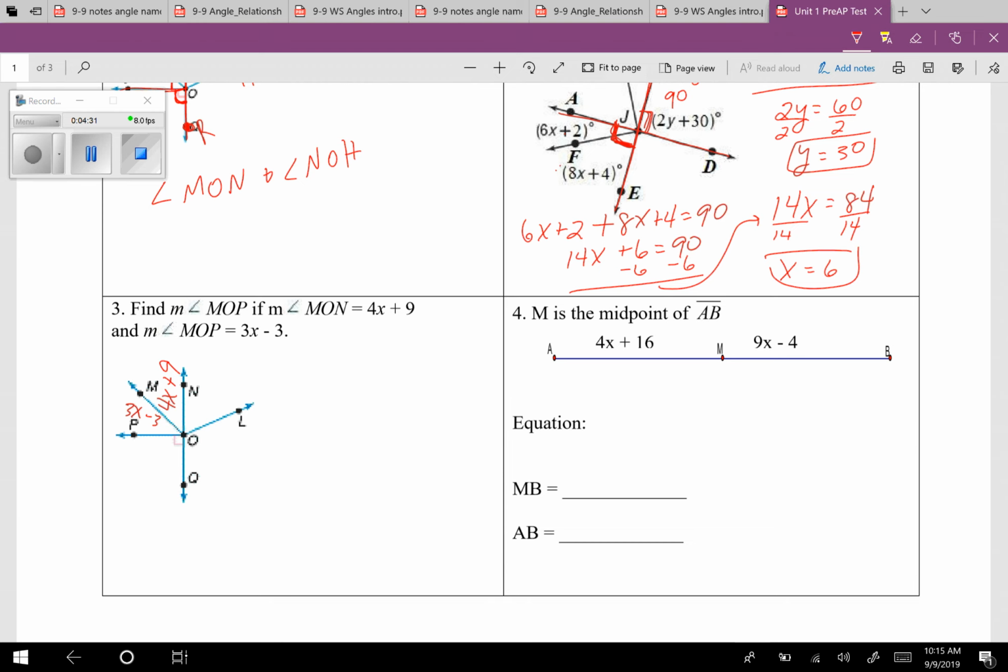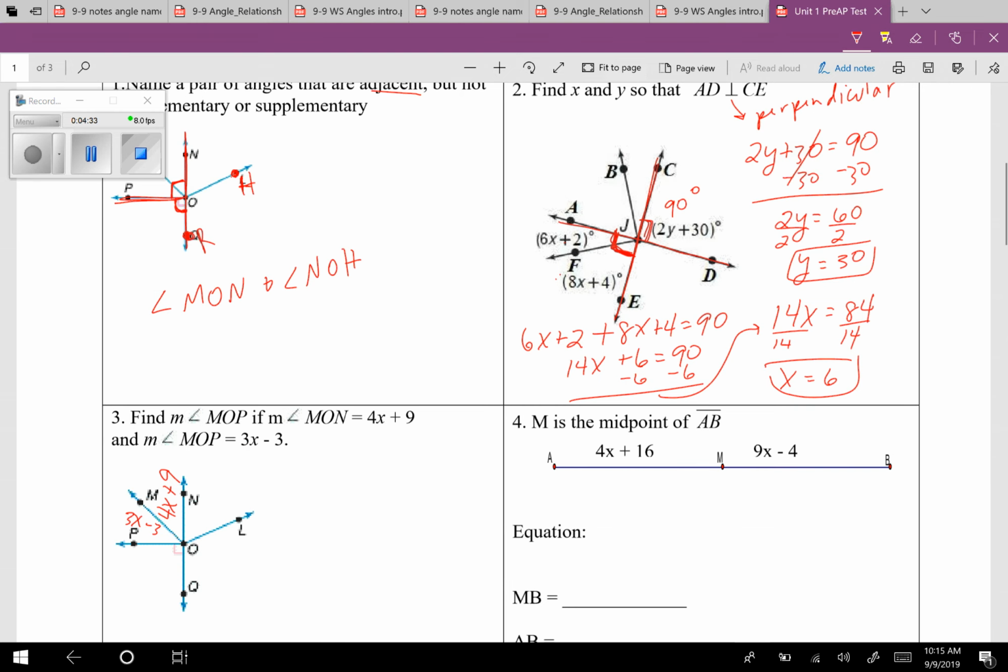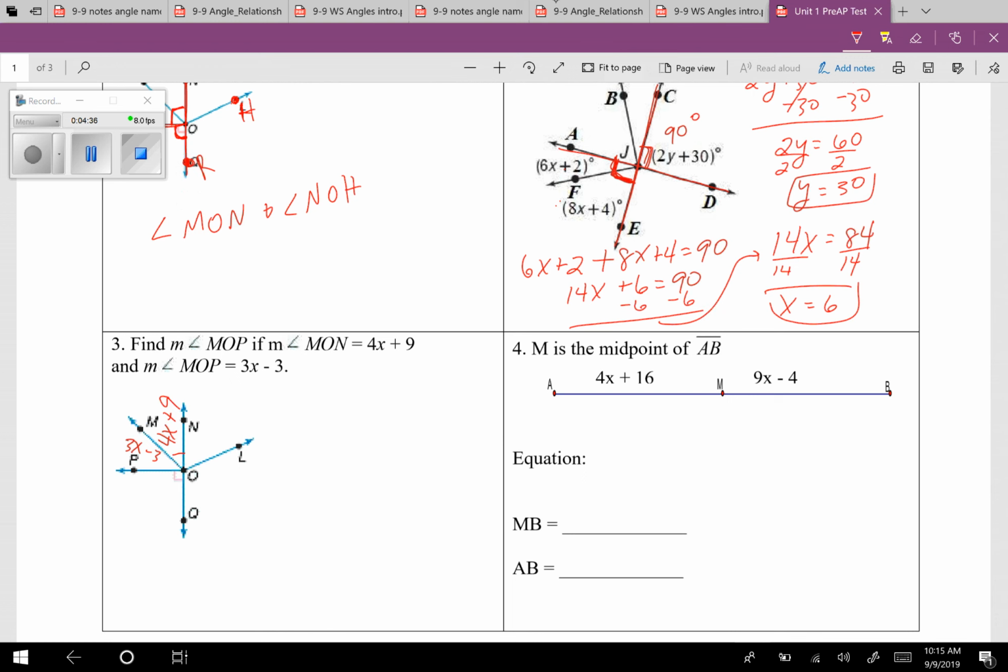But what we do know, and you can see this from the first problem up here, is that the 2 angles they gave us are complementary. Because if this is a right angle over here, this T, that's making a right angle, or those are perpendicular lines, so this is a right angle over here. So angle MON plus angle MOP are equal to 90. So this 4x plus 9 plus this 3x minus 3, that has to add up to 90.